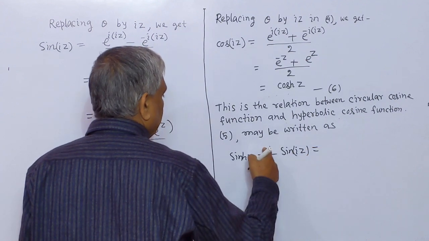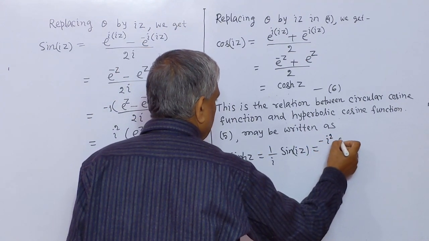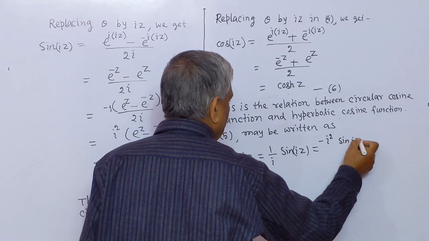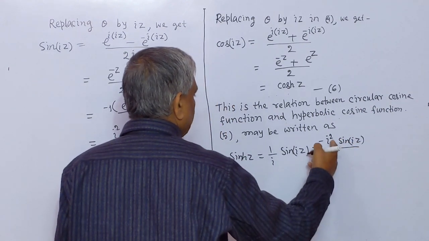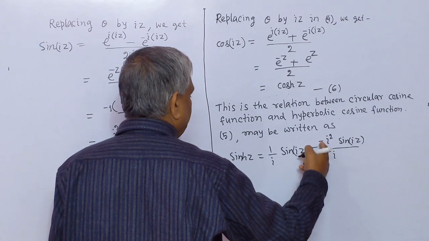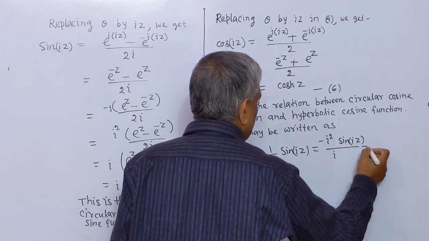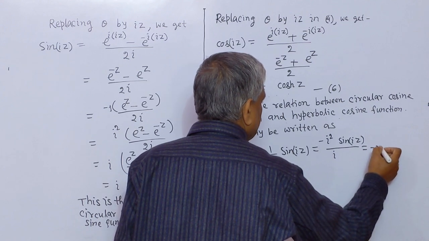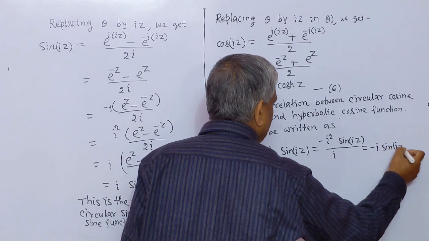Here we may write 1 as minus i square, sin iz by i square is minus 1, and this will be equal to minus i sin iz.